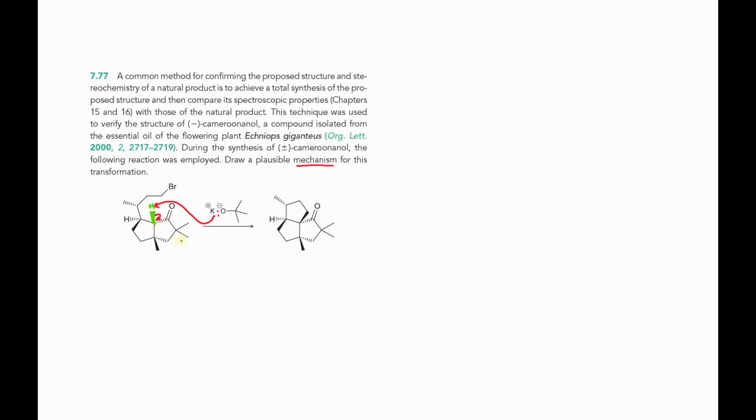So when this happens, I can draw our intermediate structure. Okay, the rest of the stereochemistry is preserved, so you just have to copy that down carefully.